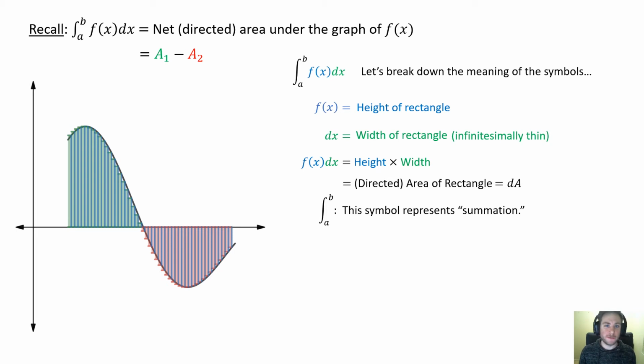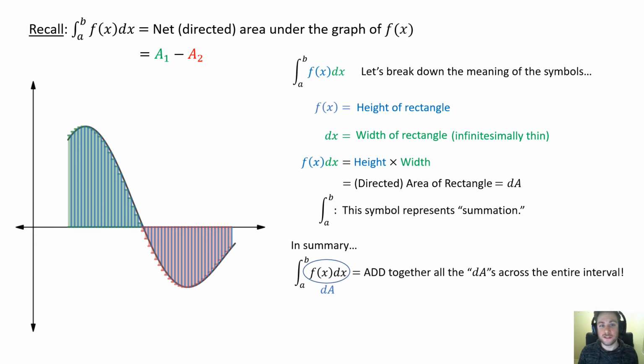Now, let's summarize by putting all of this together. When we see the integral of f of x dx, we've just seen that this really can be thought of as the integral of dA. Like f of x dx is what I just called dA. And the integral of dA is just a fancy way to say add together all the dAs. That's because the integral represents summation, as I said a moment ago.